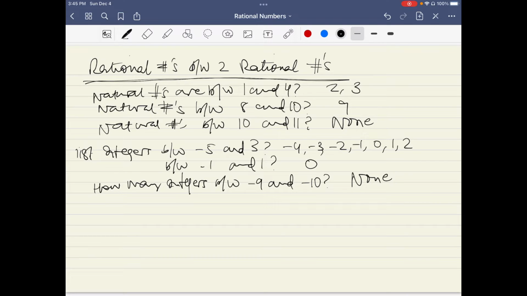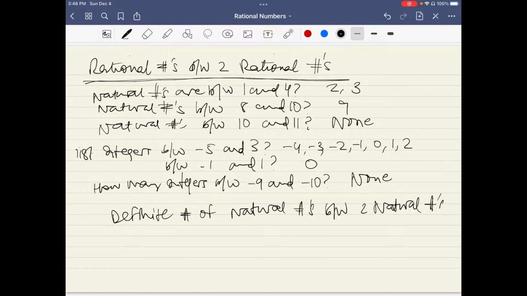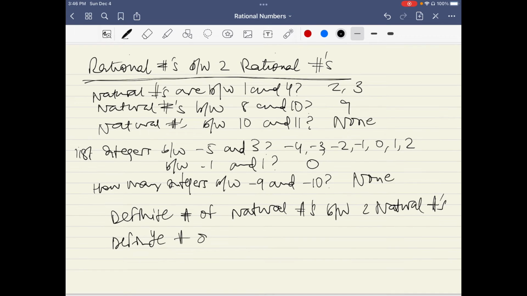Now, we see that we always find a definite number of natural numbers between two natural numbers, and a definite number of integers between two integers.